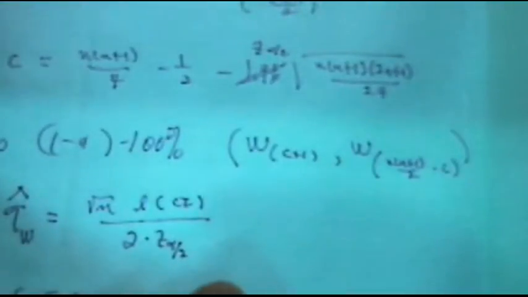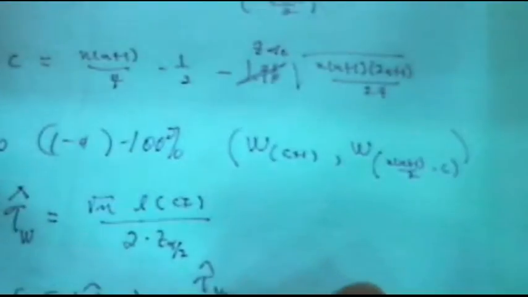Usually we use 95%. And then this here at theta n, on Zeeman, is tau hat W. Okay.